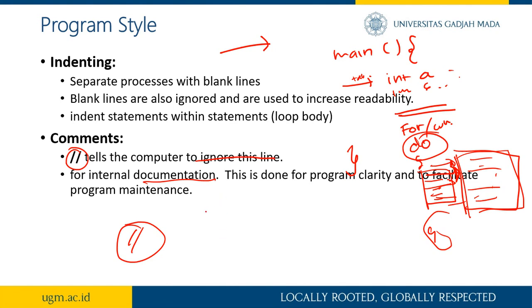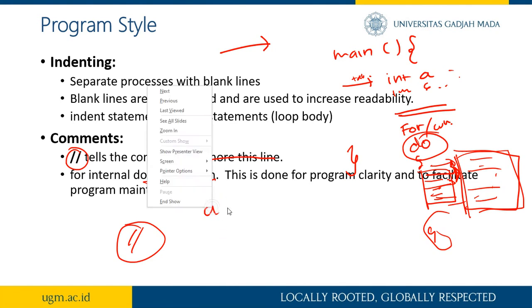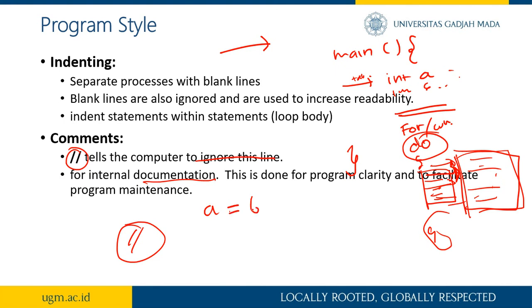For example, I create a plus b plus c, then I will give the comment: a is name. Okay, this doesn't make sense. A is age, while b is what and what and what.